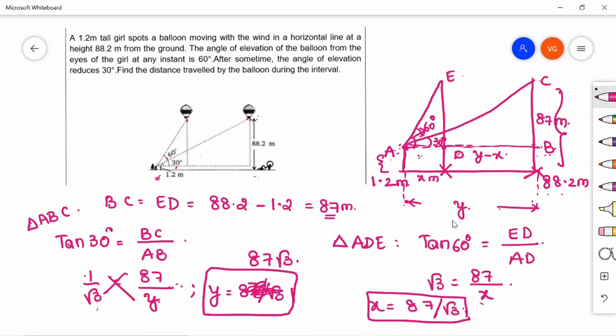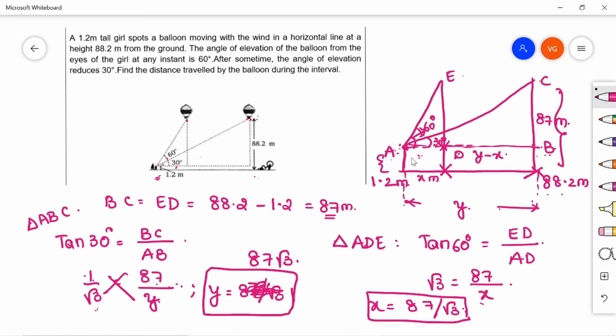If you cross multiply, Y is equal to 87 root 3, whereas X is equal to 87 divided by root 3. I need the distance traveled, which is Y minus X, that is 87 root 3 minus 87 divided by root 3.